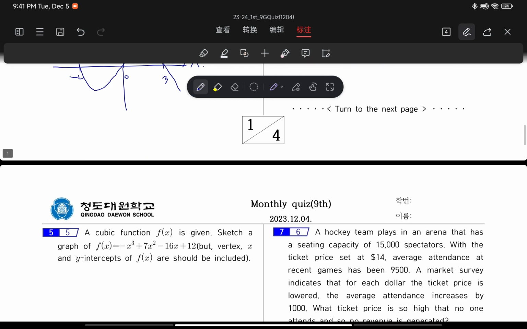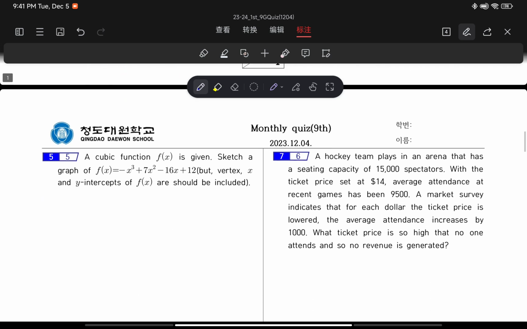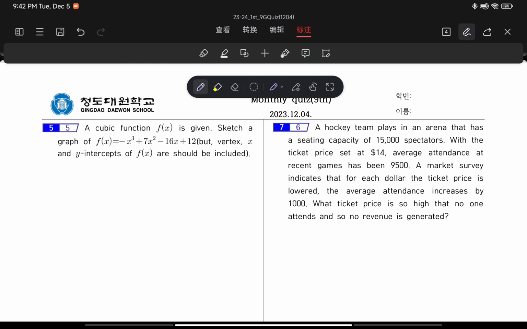Number 5. Number 5 is a little bit complicated. You really need to be aware of this process on the calculator. So for cubic f(x), using synthetic division with -1, 7, -16 and 12. So maybe 2 can be a root: -1 and 2, -2 and 5 and 10 and -6, -12 equals 0.